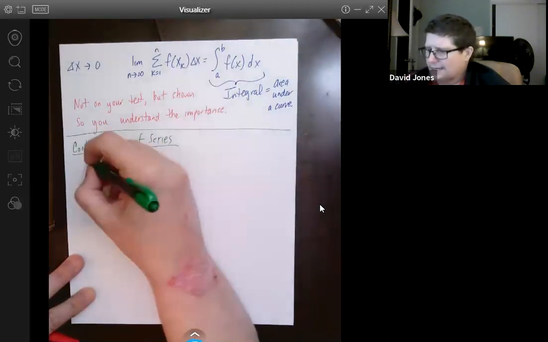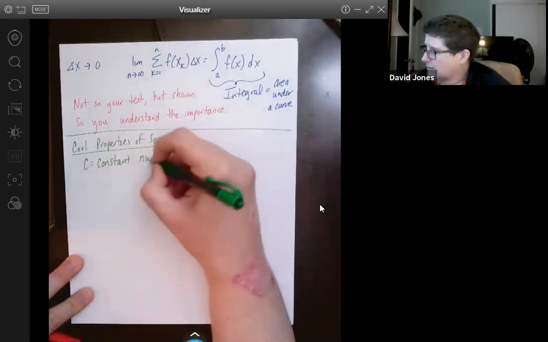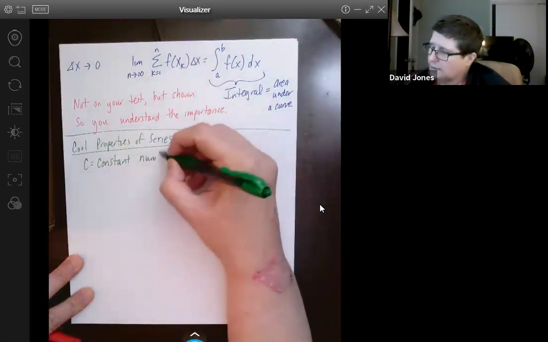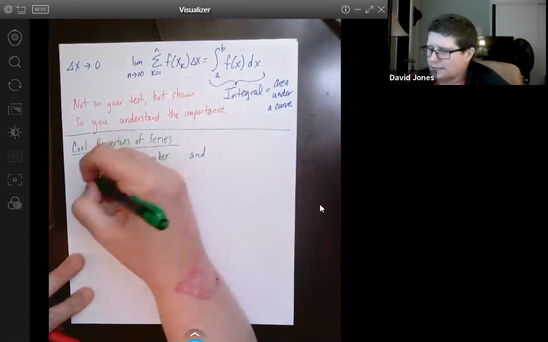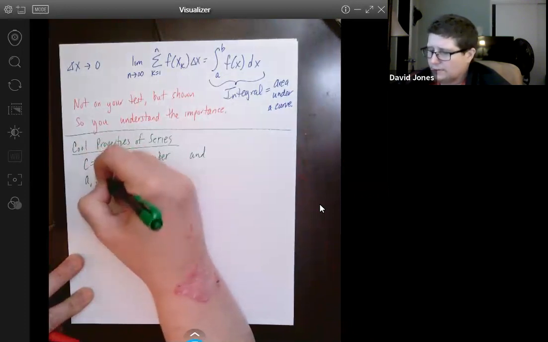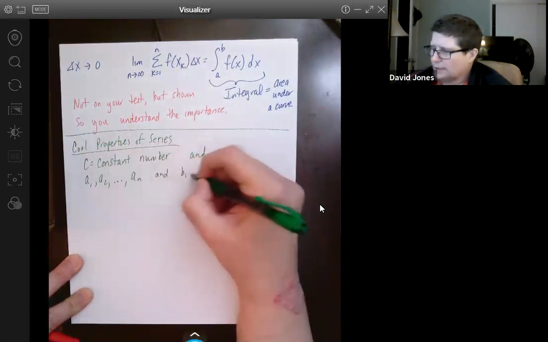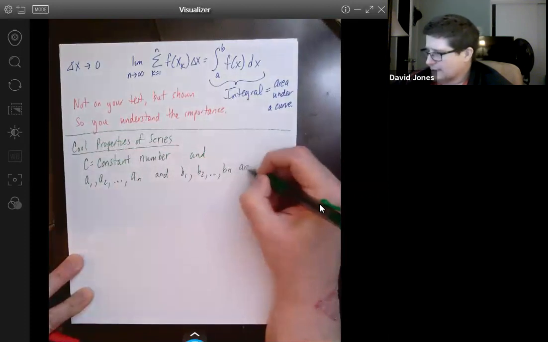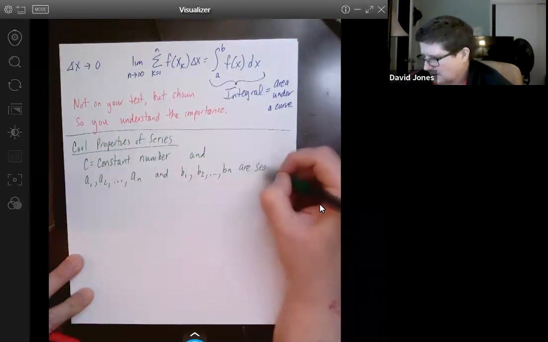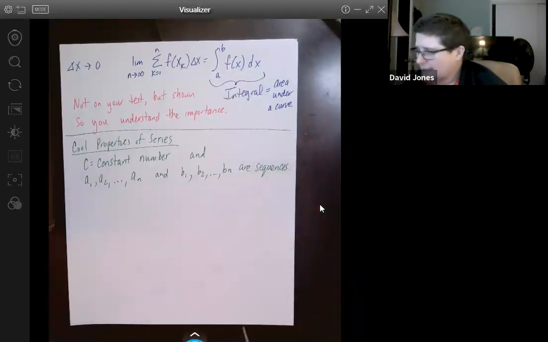So cool properties of series. Let's say C equals a constant number. And we'll have A sub 1, A sub 2, dot, dot, dot, A sub n, and B sub 1, B sub 2, dot, dot, dot, B sub n are sequences. That's the information we need for the following cool properties.